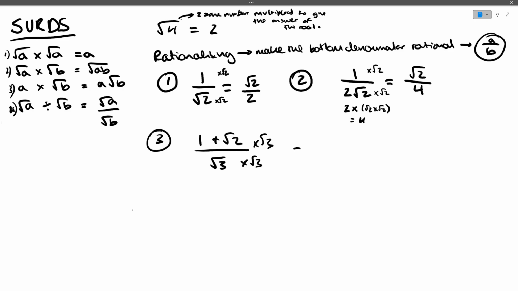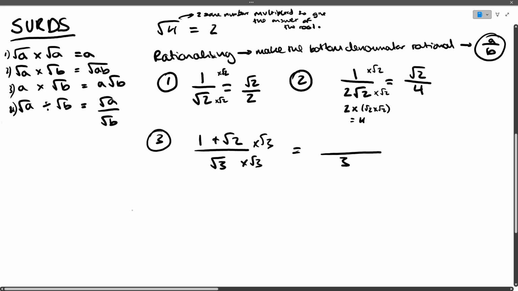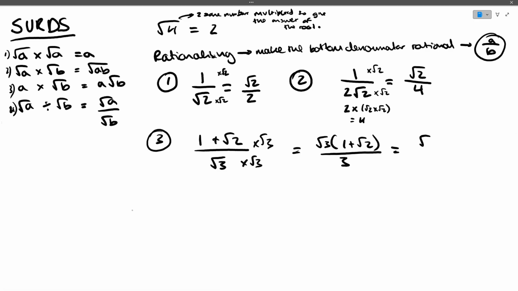Now we get a beautiful 3 at the bottom. And we also get this 1 plus root 2. Now we can expand the brackets, root 3 plus root 6 over 3. I don't think we can really do anything else, but yeah.